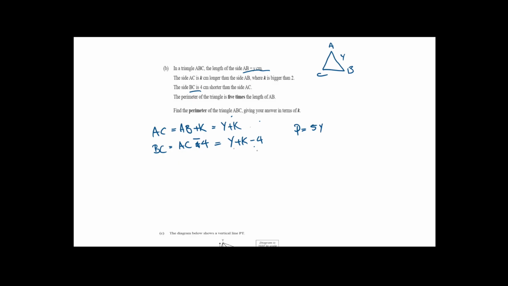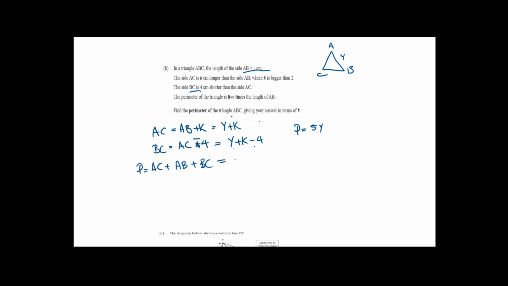Okay. So we want to get rid of those y's. So the perimeter is going to be AC plus AB plus BC.